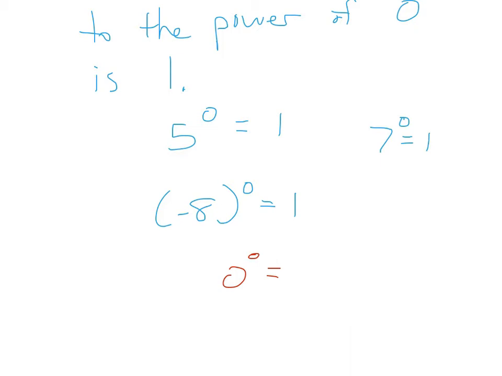Alright, so hopefully what you'll see is you get what's called a domain error. Okay, what that means is you cannot do that. You cannot take 0 to the power of 0. Okay, so why might exponents of 0 matter?